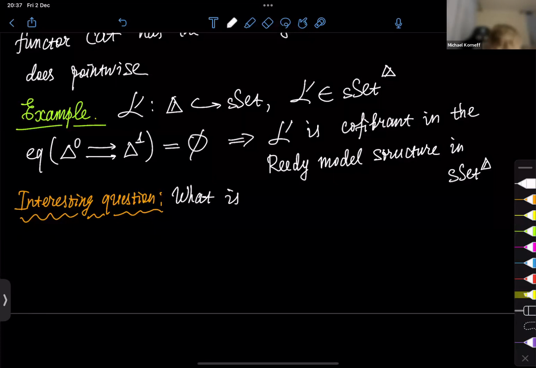What is a bad case? What is the case when the equalizer is not empty? If you know something about this one, you can give an example.